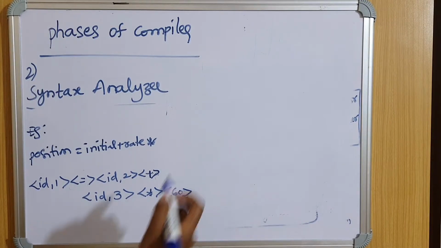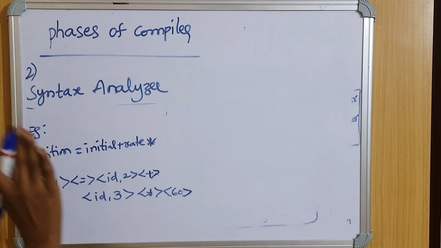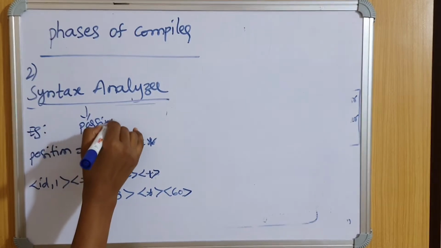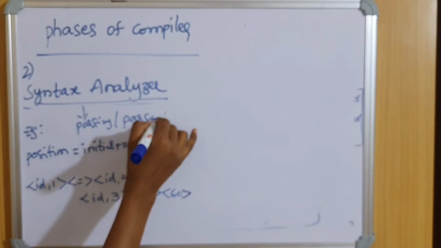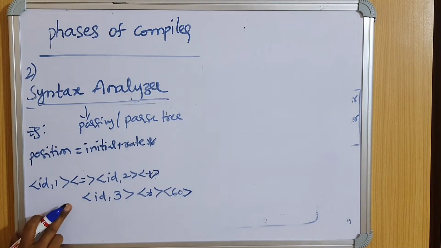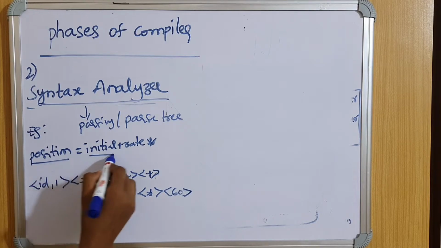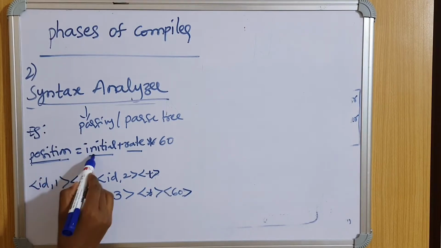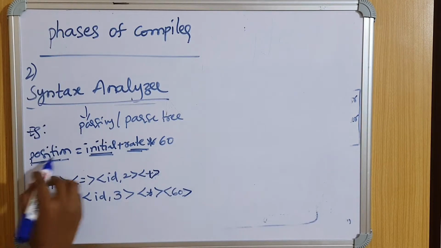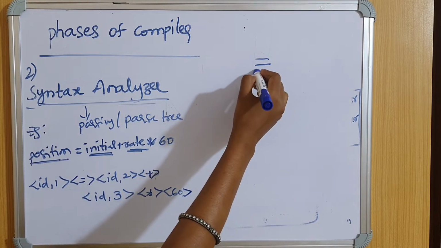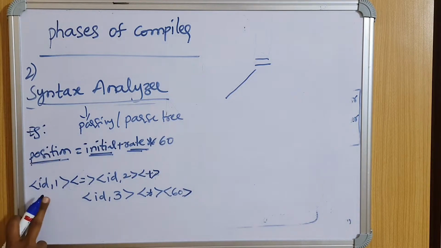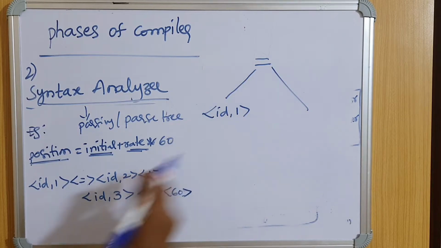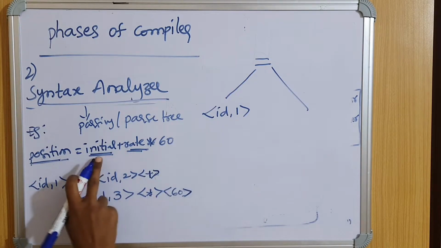Syntax analyzer means parsing or parse tree. So see here: position, initial, rate and 60. What are the identifiers? 1, 2, 3 are the identifiers. First, equal to, then position is the first identifier, so we write it as ID1. Then what is the next one?